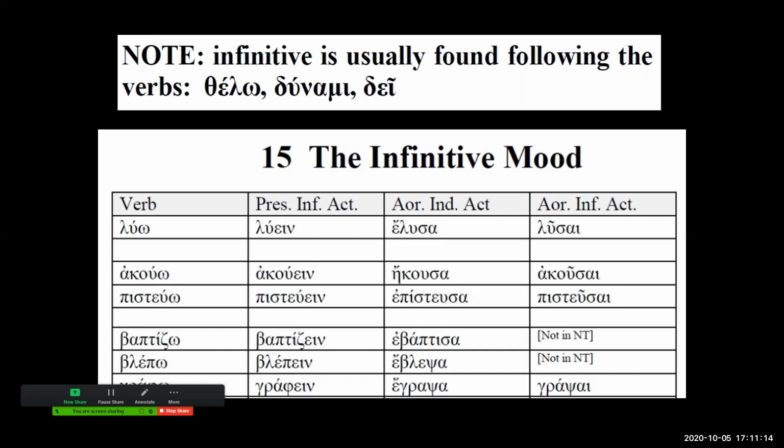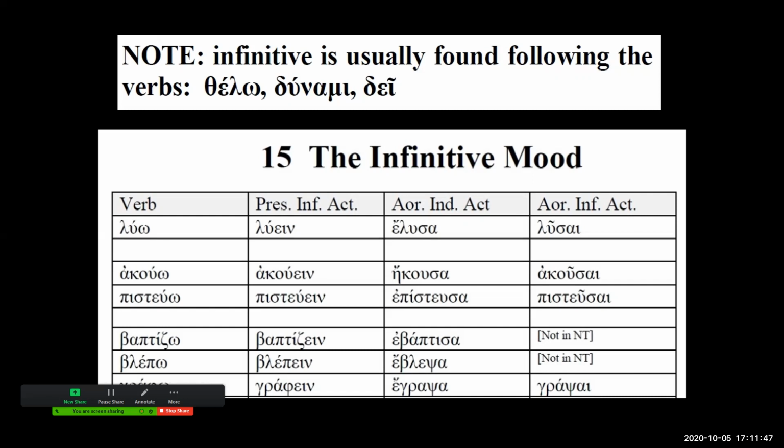But then the question arises, God is able to what? To do what? And that is why dunamai is one of those verbs. And by the way, it is misspelled at the top of this presentation. I just noticed. I'll have to correct that. It's not dunami, but dunamai. It needs an infinitive to finish the sentence. So does thelo. I want. What do you want? I want to go.